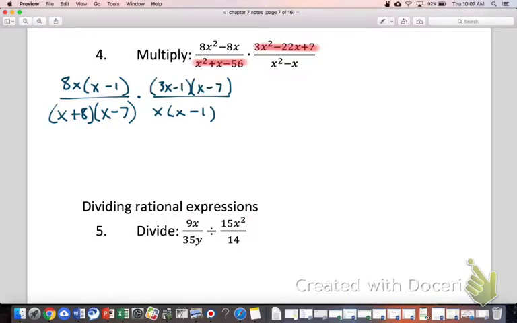So again, please take a minute and look at what you have on your paper, look at what I have up there, and decide if you need to ask any questions. I didn't show a whole lot of work there, but I'd be happy to show work as needed. Grace? Does it matter what order? Because for the first one, on the denominator, I said x minus 7 and then x plus 8.